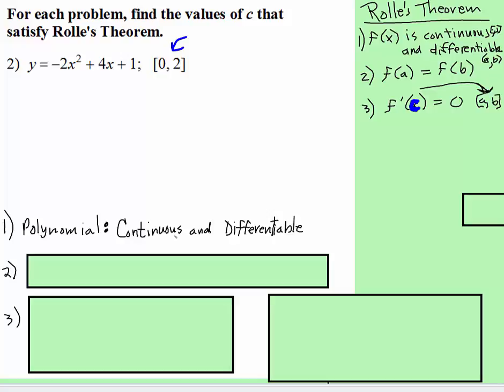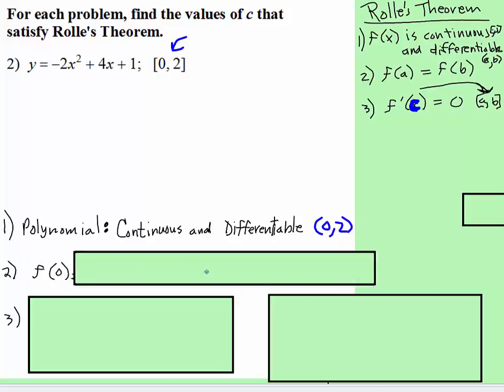Polynomials are continuous and differentiable, right? So it is going to be continuous on the closed interval, and differentiable on the open interval.